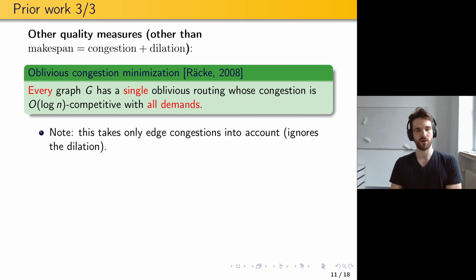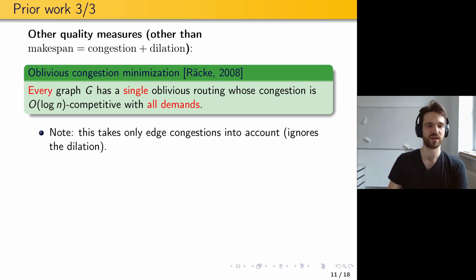Okay, so on the other side of prior work, there have also been other quality measures that are not makespan. Most importantly and most well known, the oblivious routing that started this entire field is the congestion minimization oblivious routing introduced by Räcke, and actually optimized by Räcke in 2008 to its final log n factor.